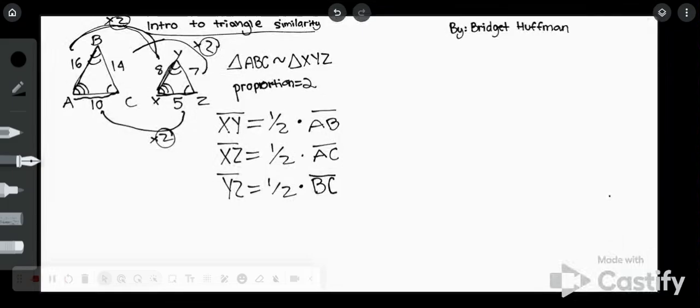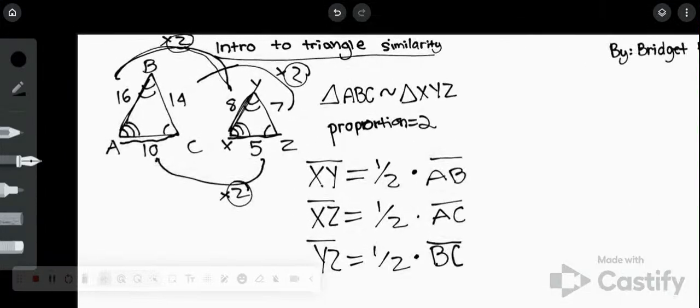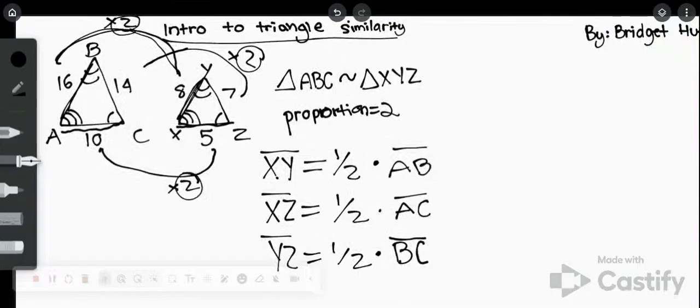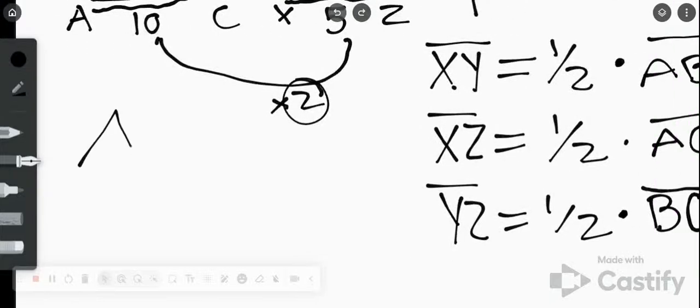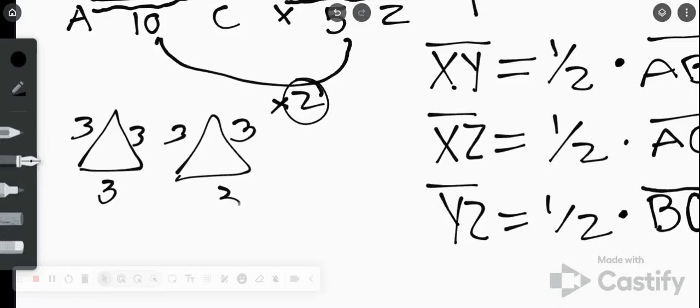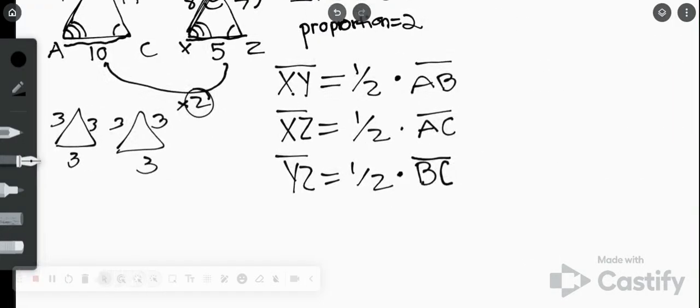So for similar triangles, we know now that these triangles are not congruent, they are just similar. But if triangles are congruent, for example, if they look like this, we know that both of these triangles are similar as well as congruent.